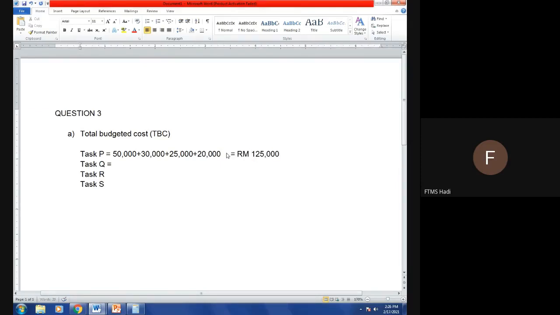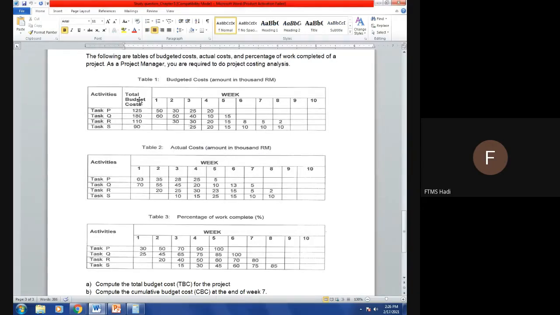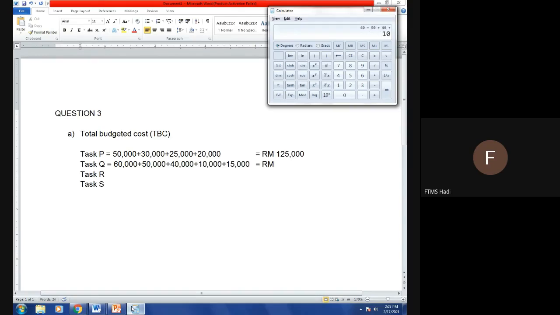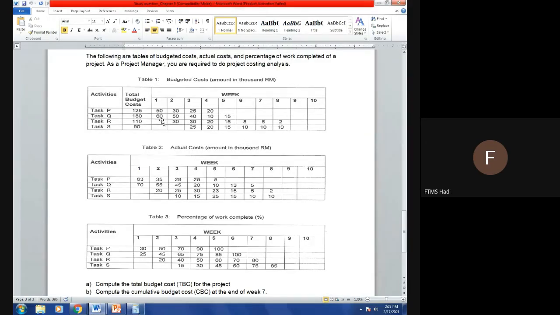The next one is task Q. As far as task Q is concerned, because this is for the project, they didn't specify until what week, so you need to calculate as usual: 60 plus 50 plus 40 plus 10 plus 15.